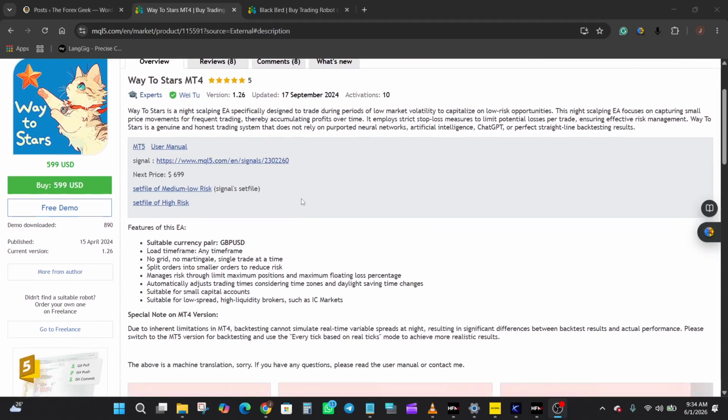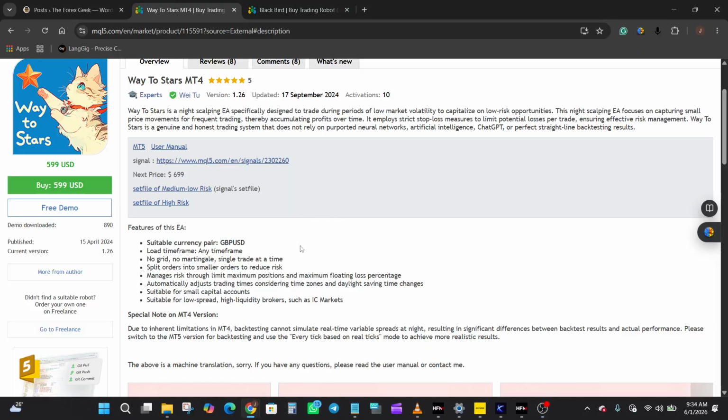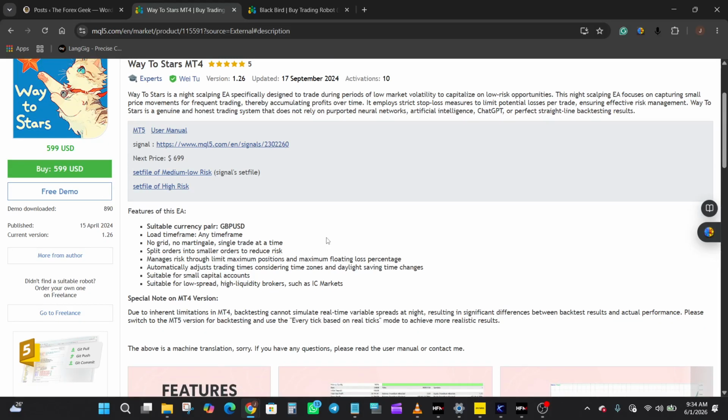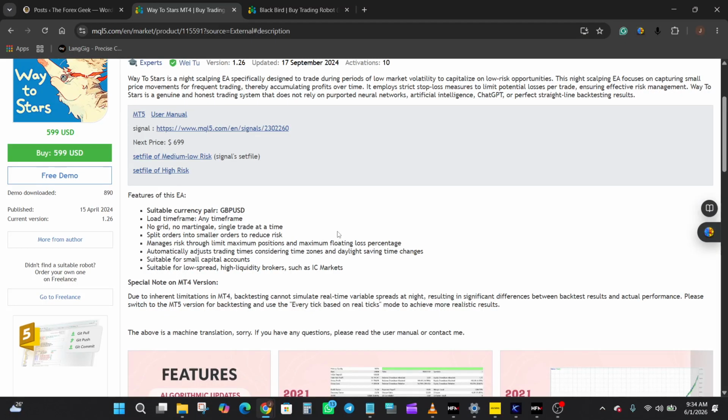As I continue through the product page, the recommended currency pair is GBPUSD, while the EA can be loaded on any time frame. One important point mentioned by the developer is that the system does not use grid trading or martingale techniques and operates with only a single trade at a time.